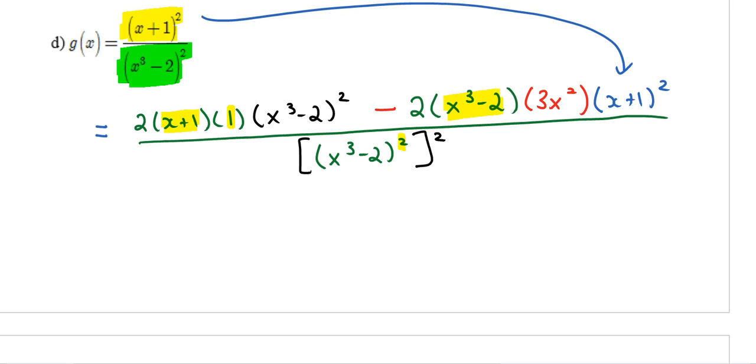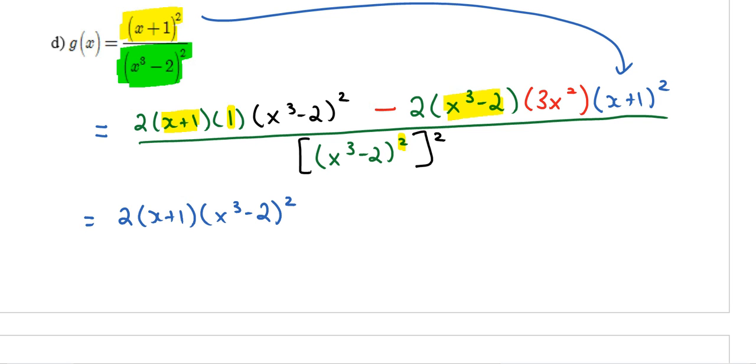The next thing that we have to do now is we need to apply our algebra rules and just simplify the problem here. Okay, so if I simplify this, this will be 2 times x plus 1 times x cubed minus 2 all squared.